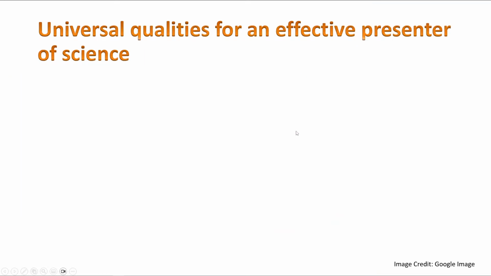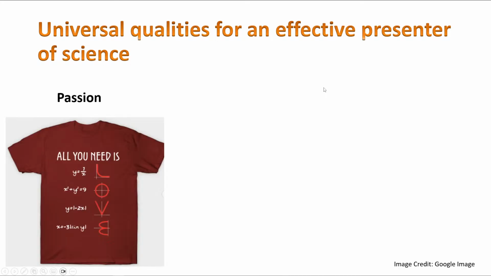So these are the universal qualities of an effective scientific presenter, if you could summarize this list. The first thing is passion. Let's say I am a math teacher, and each time I go to class I wear a t-shirt related to math. So 1 over x will give you a non-linear function.